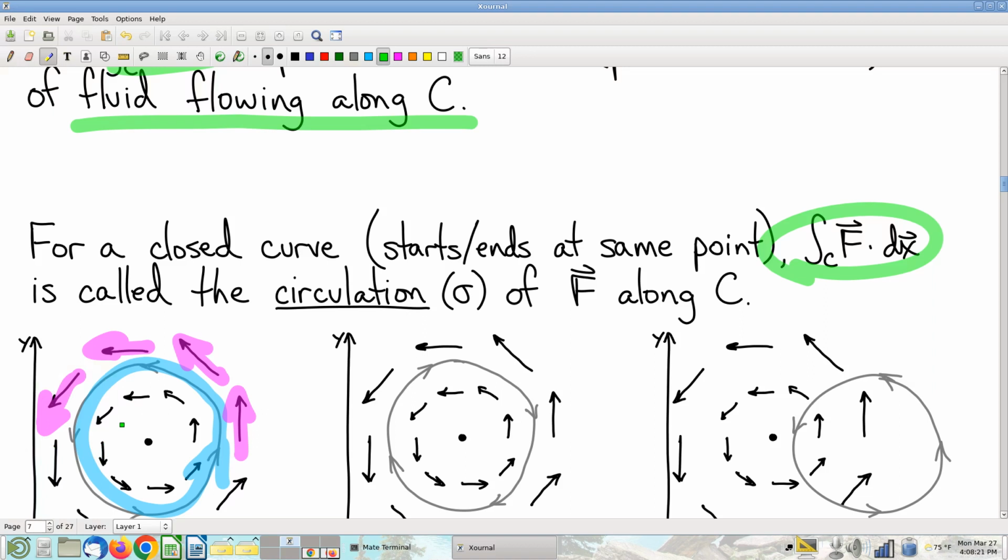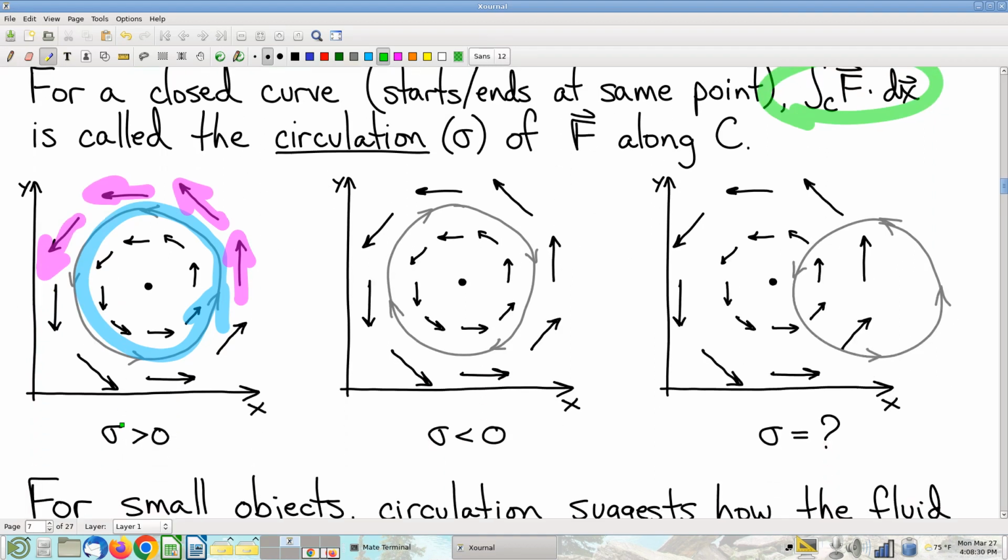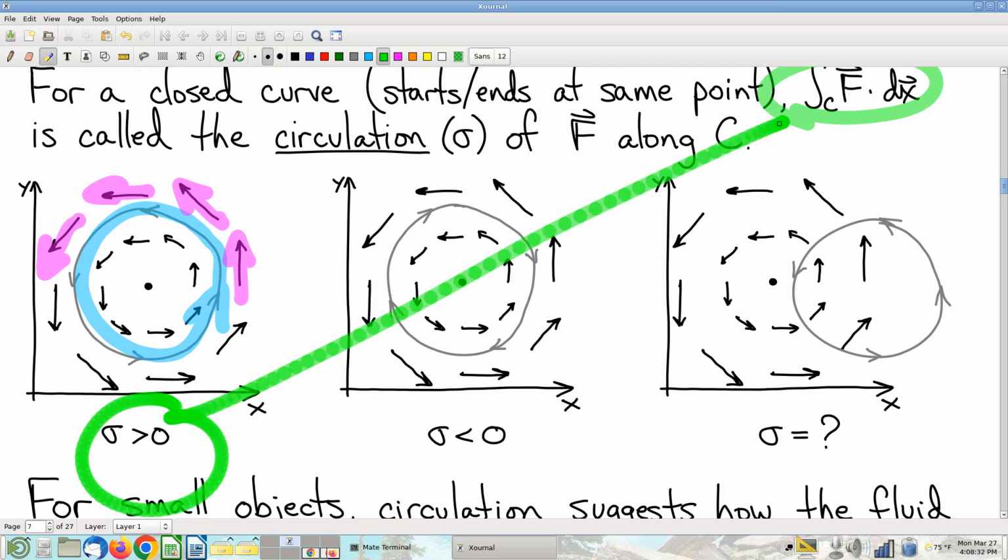So the fluid is flowing positively along the curve everywhere on this curve. And so grand total, I should expect to get a positive value for the line integral and therefore a positive value of what we call circulation in this example here. Everybody with me? All right.